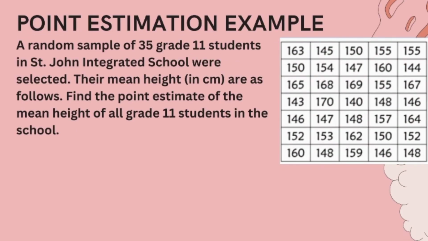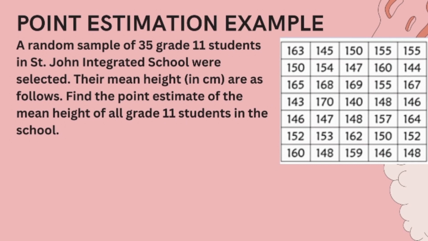Let's have an example. A random sample of 35 grade 11 students in St. John Integrated High School were selected. Their mean height in cm are as follows. Find the point estimate of the mean height of all grade 11 students in the school.